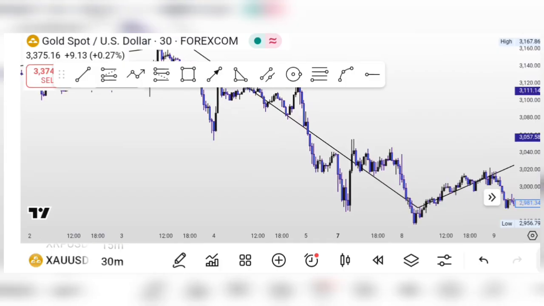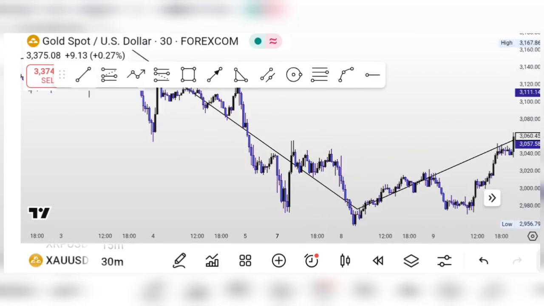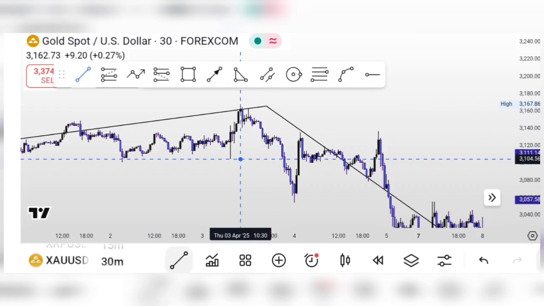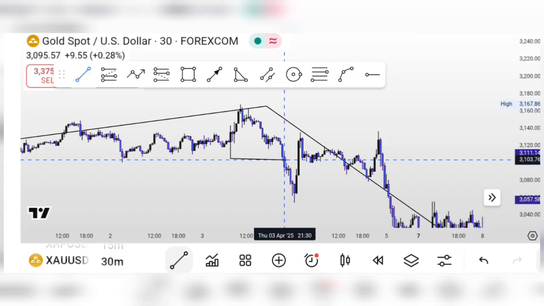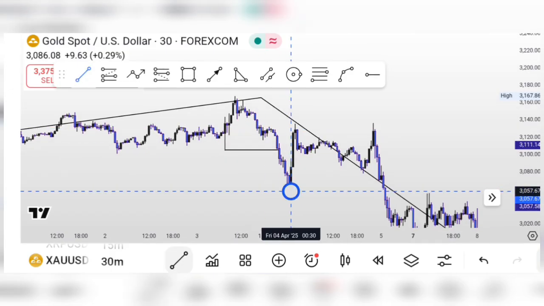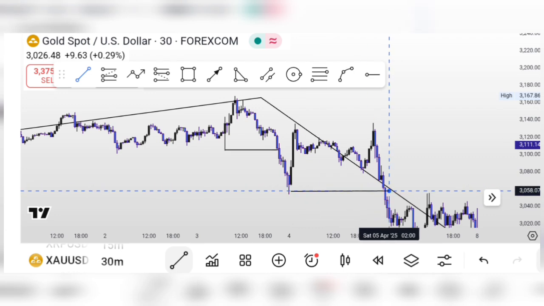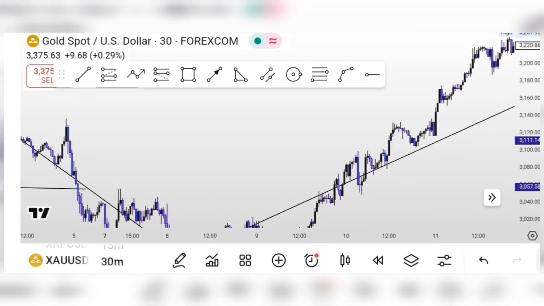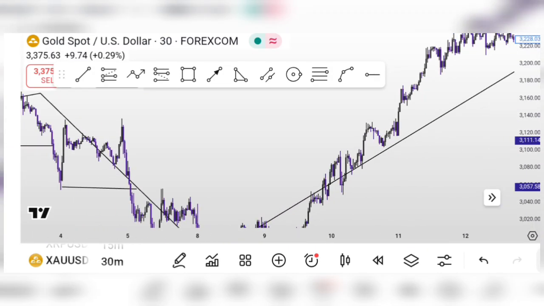Okay, I've seen the break of structure here. You have to master it so you can find them. There are many break of structures here, not only this one, even this one too. There are many of them. You will see this one here too.